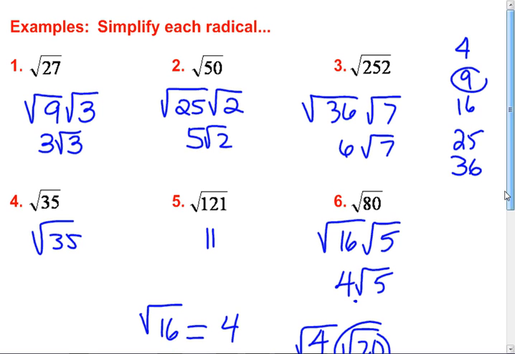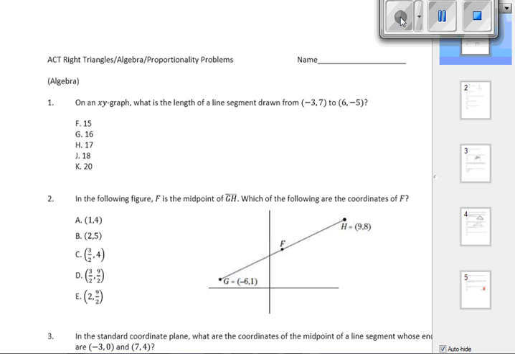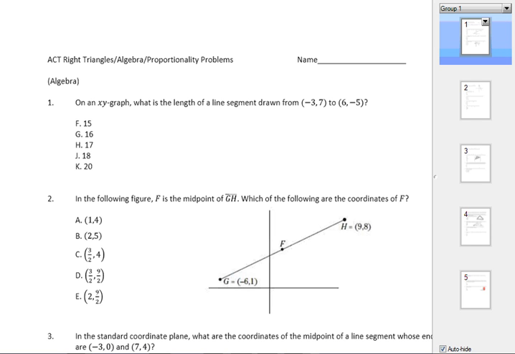So now the question is, what kinds of questions do you have on the right triangle stuff? Okay. Distance formula for 1. I have new people here. You might have used the distance formula.